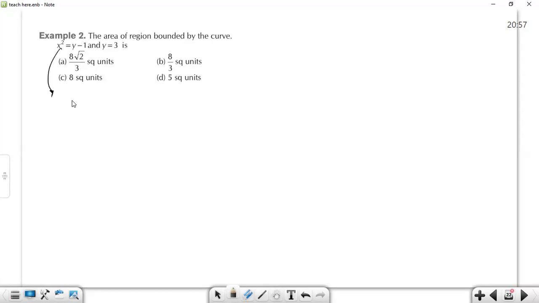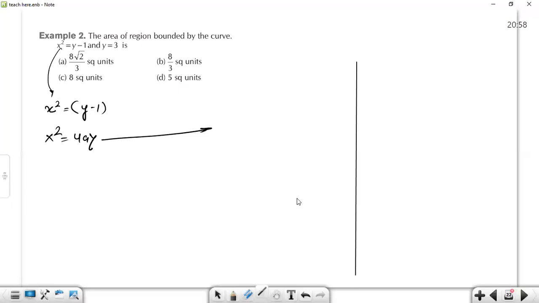Looking at the equation of the curve, we know that this is also an equation of a parabola. So representing it in a better way, x square minus 1. Now we know this is the equation of a parabola, let me draw some parabola.